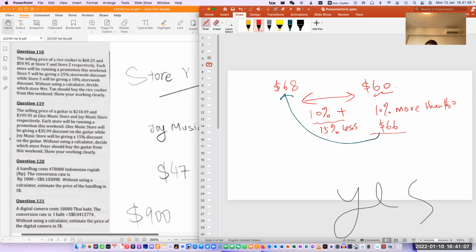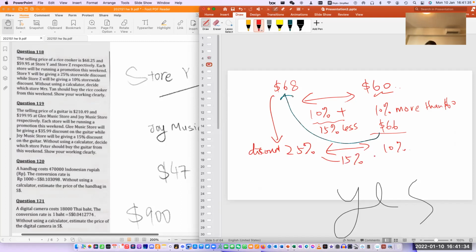Based on this understanding, this store offers a 25% discount, and over here offers a 10% discount. So when it comes to the discount, the discount difference is 15%.